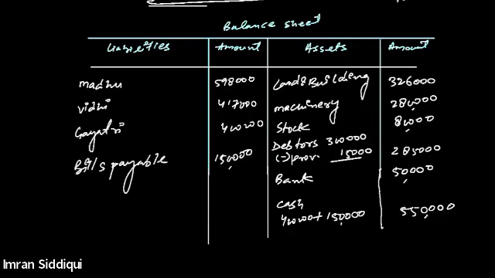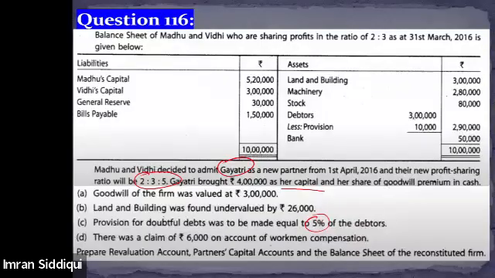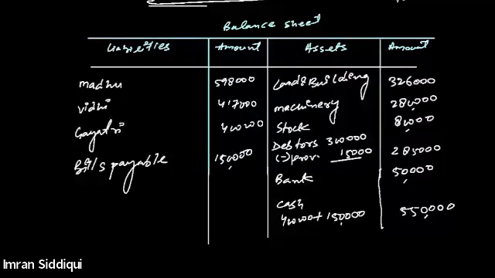There was one more piece of information in the question regarding workman compensation, point D. There was a claim of rupees 6,000 on account of workman compensation. This is a liability upon the firm, so we record this value on the liability side: workman compensation, 6,000.